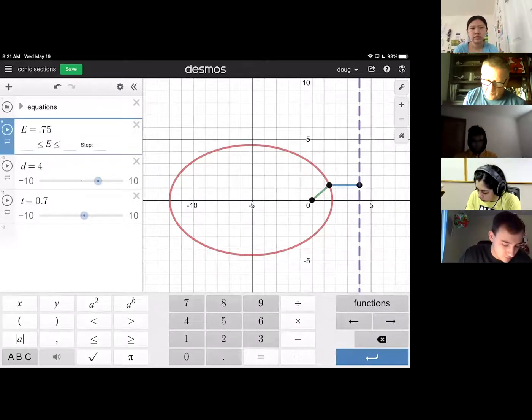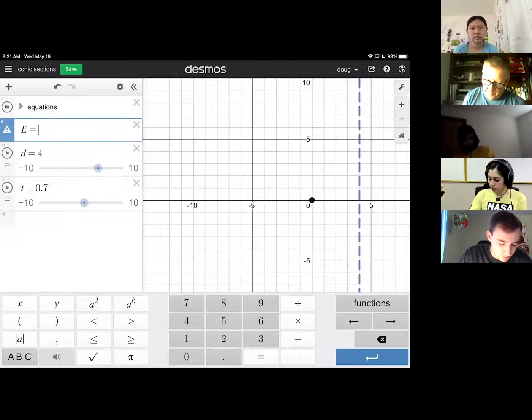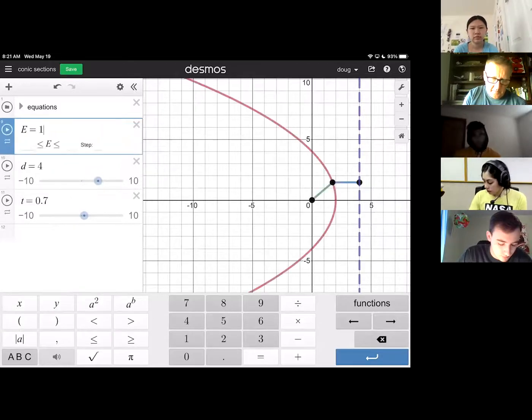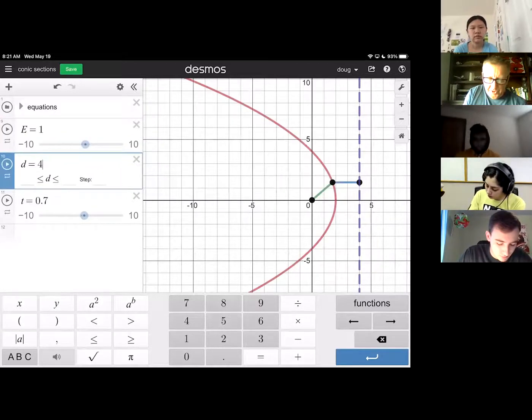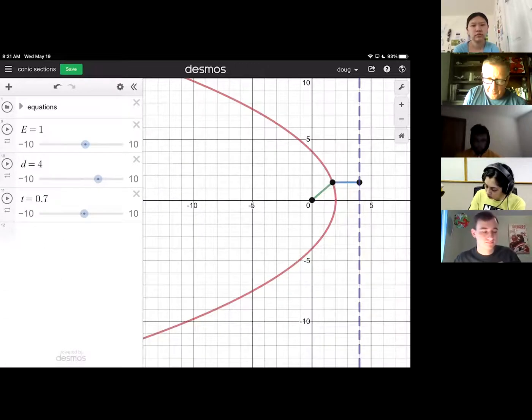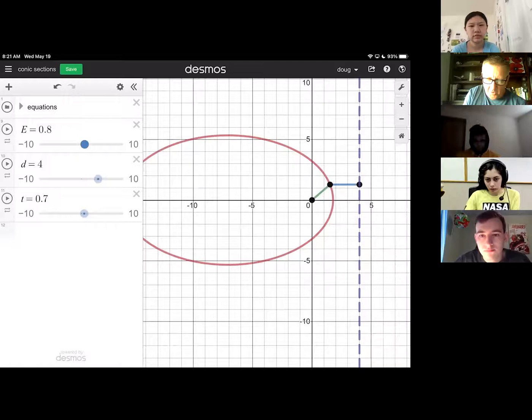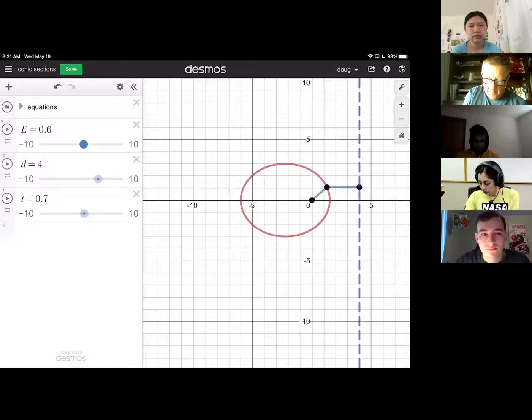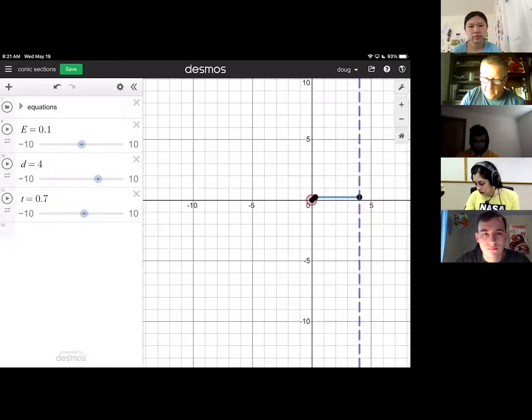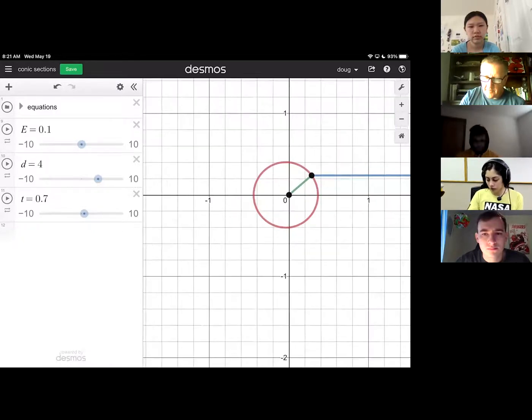Now, what I want you to notice is what happens if that number gets smaller. Of course, the fun part about this is I can just drag this thing, right? So I just want you to watch it as I make it smaller, 0.8, 0.7, 0.6, 0.5. Notice what happens when I get down there. What is it starting to look like?